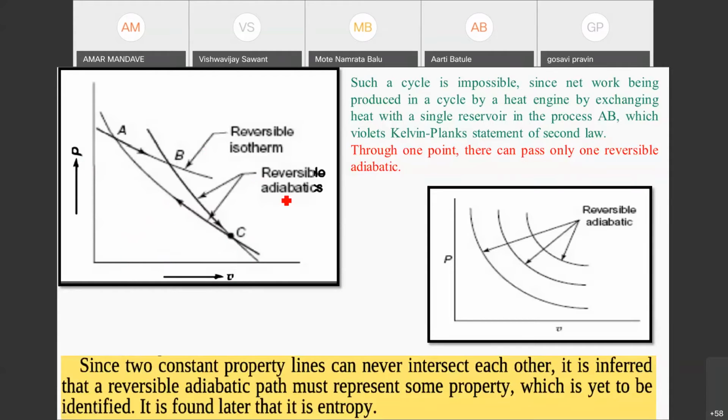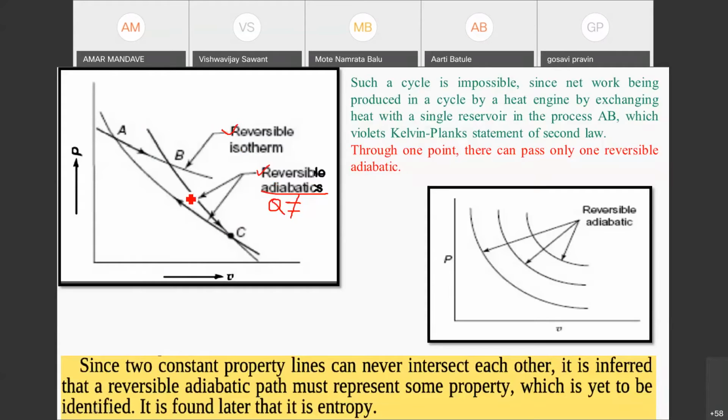Now consider there are three different processes. There are two reversible adiabatic processes. That assumption is very important: in the basic concepts of thermodynamics, you must consider all the processes to be reversible. Adiabatic means that during this process there is no heat transfer or heat exchange.